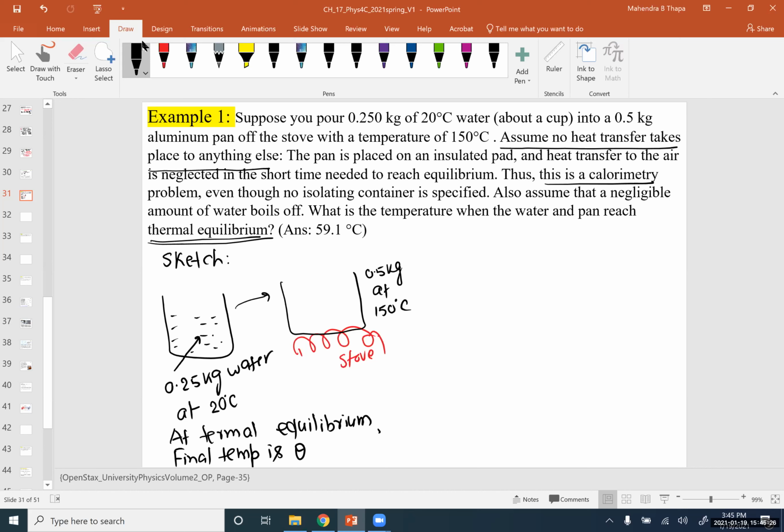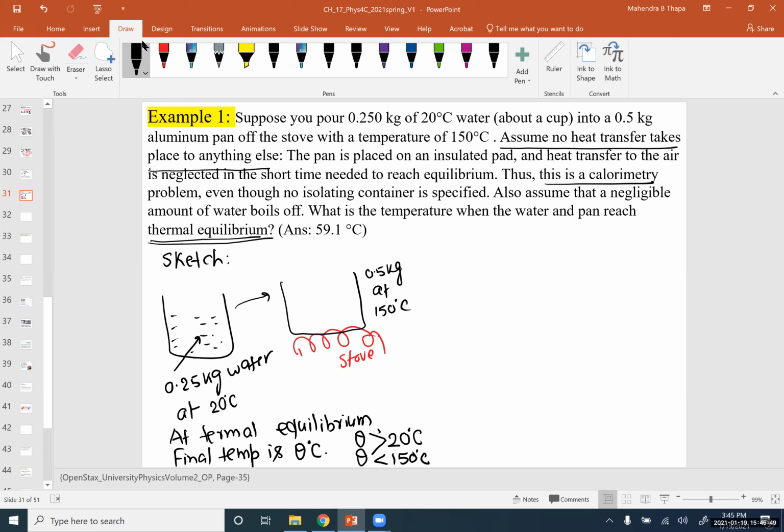We don't know it, but we can guess this theta is greater than 20 degrees Celsius, but less than 150 degrees Celsius.